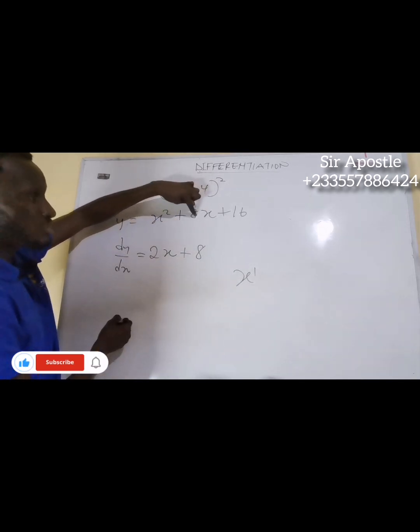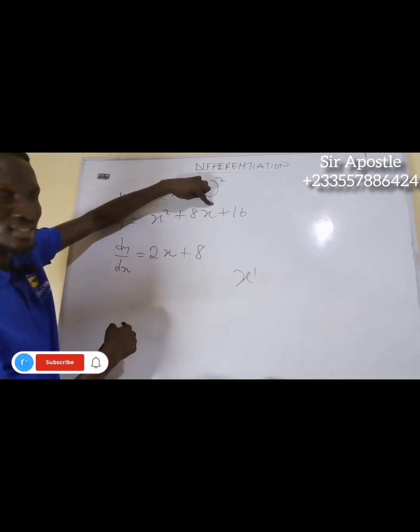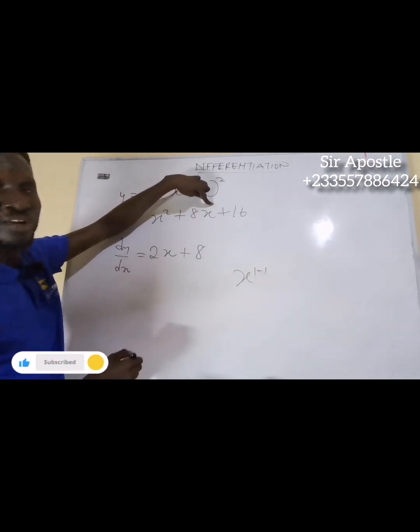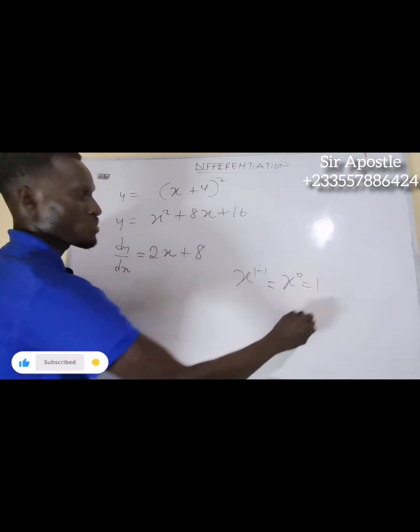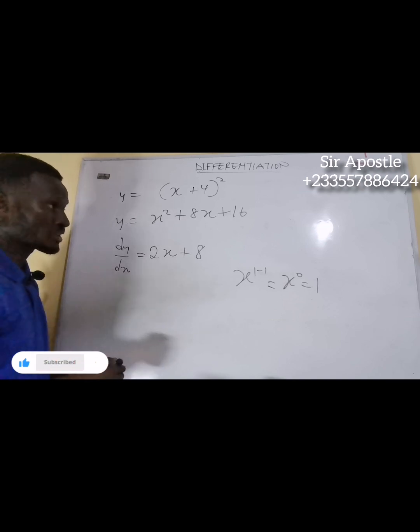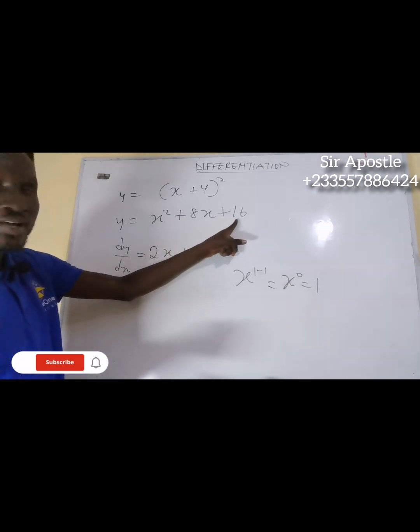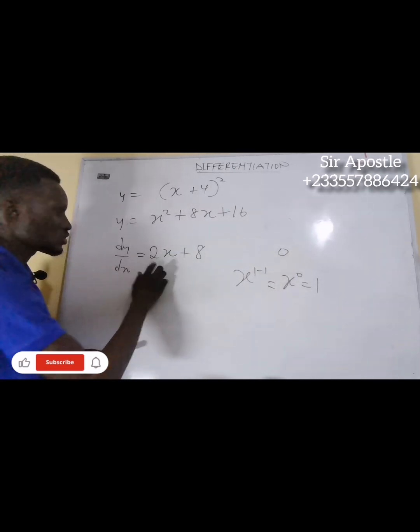After multiplying 1 by 8, we are still getting 8. Then we subtract 1 from the exponent, which makes it x exponent 0, so there will not be any x. Anytime we differentiate x, there will not be any x again. Now the last one, differentiate 16, we are going to get 0. So the answer will be 2x plus 8.